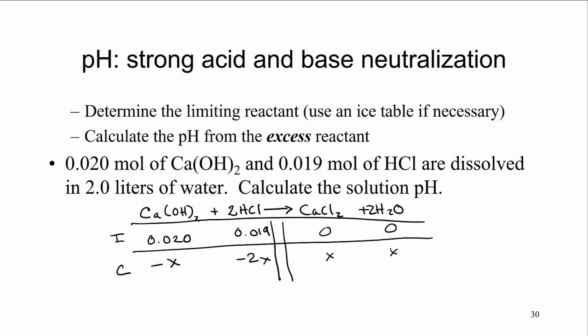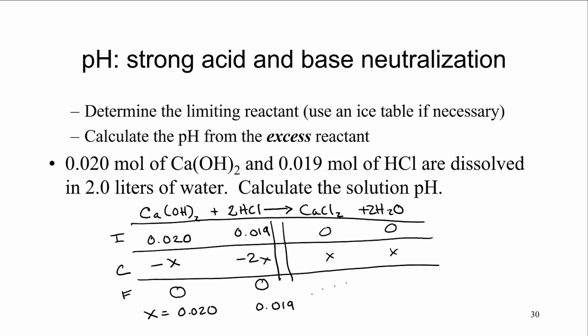Now we have to do a limiting reactant, and the limiting reactant is when one of the reactants runs out or goes to zero, right? So what you can do is just say, what if this is final, right? Not equilibrium. If this goes to zero, then x is equal to 0.020. But if this one goes to zero, then 0.019 minus 2x is equal to 0.